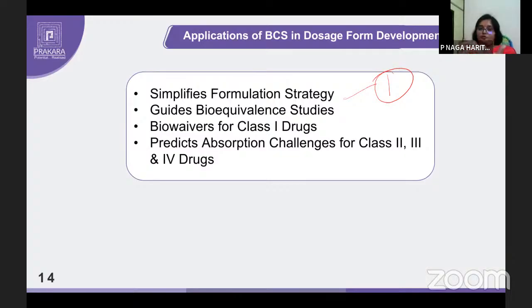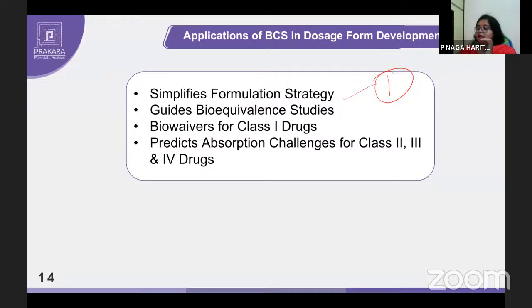However, class 2, 3, and 4 need some improvements or adjustments for a better formulation of the drug. Because finally, what we as formulation scientists require is that the drug shows better therapeutic efficacy at the minimum dose required.